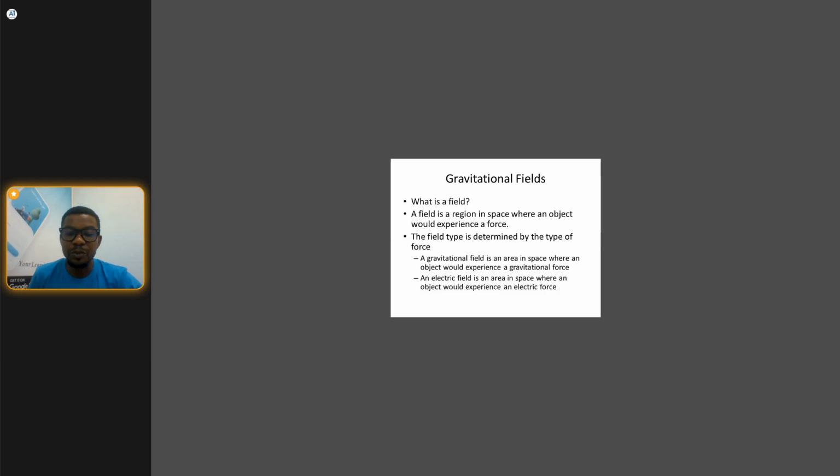Now, gravitational field is what we are going to consider as a topic today. We've explained with the introduction what gravitational force is all about. Now we want to consider gravitational field.